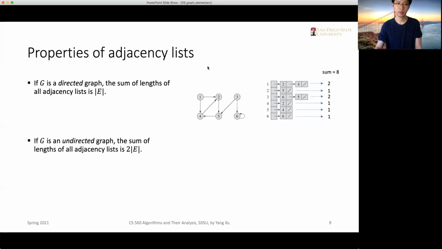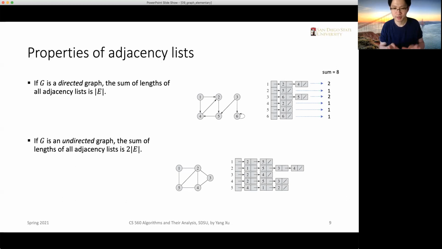Okay, and if it's an undirected graph, the summation of all the adjacency list lengths is now 2 times the number of edges, because from the previous slide we can see that the lists for the undirected graph are longer. In the same example, the sum of the lengths is 14, which is twice the number of edges.